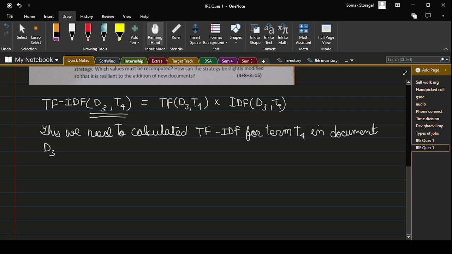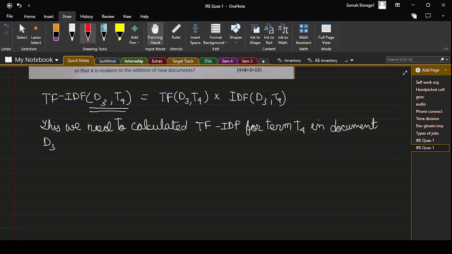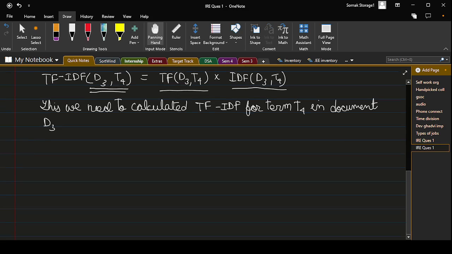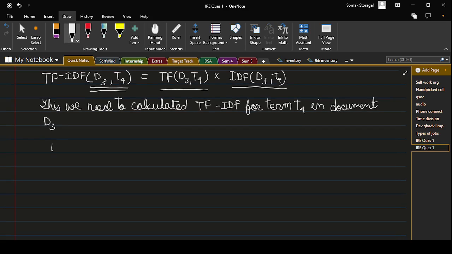So this is what we need to calculate, and for that we need to calculate these two elements as well. Now the first element, TF of D3 D4, what is this? This is nothing but the term frequency of T4 in D3.